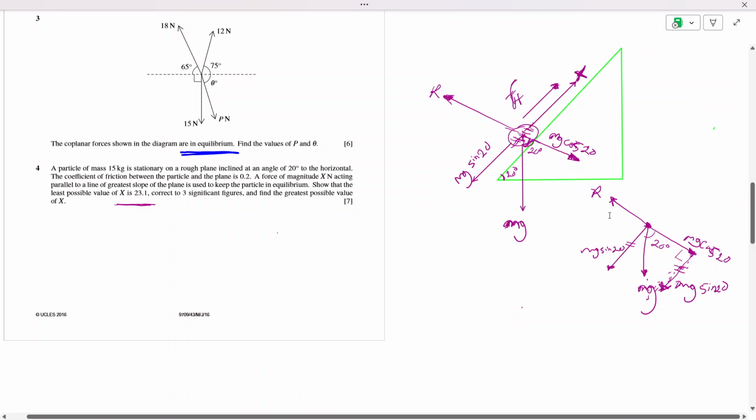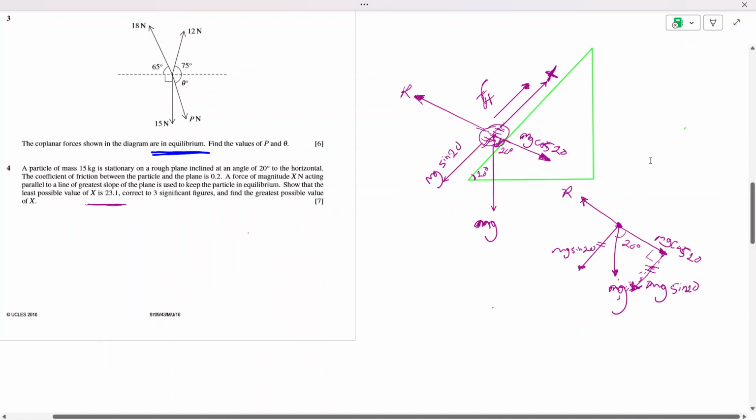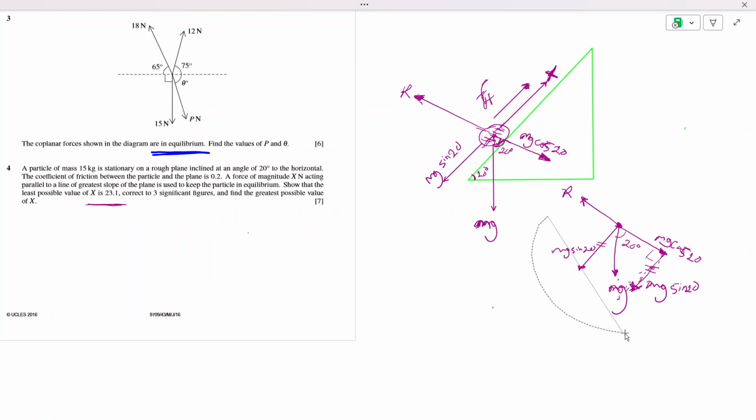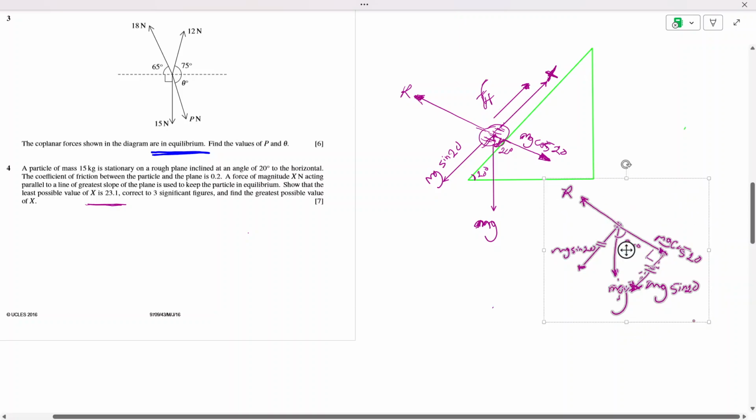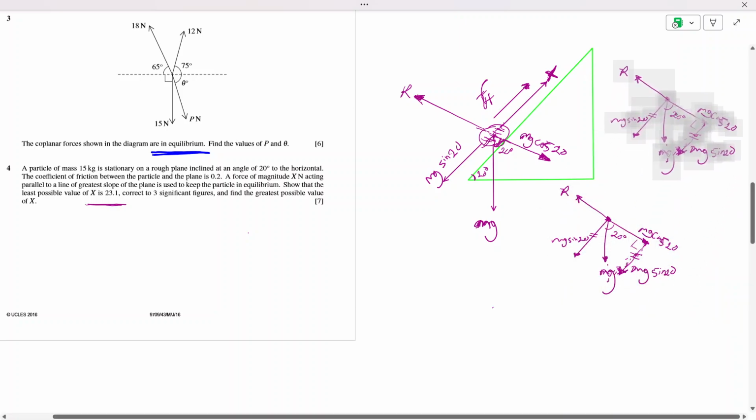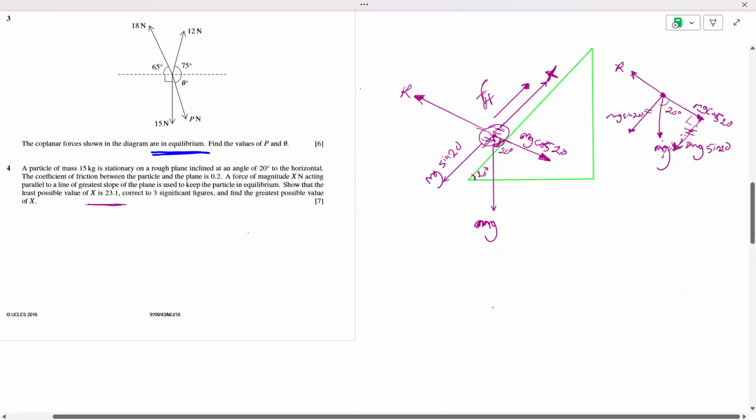right? We're going to use Newton's second law of motion. That is why I'm putting the friction up.